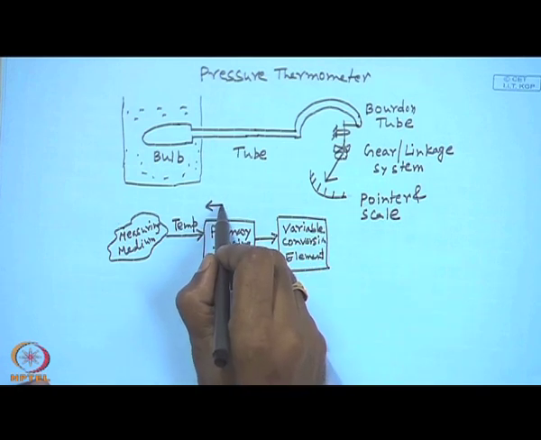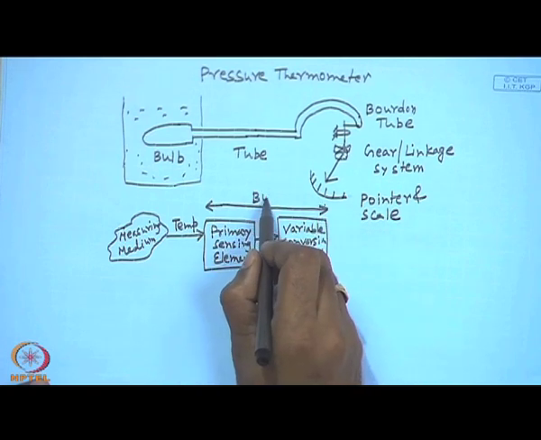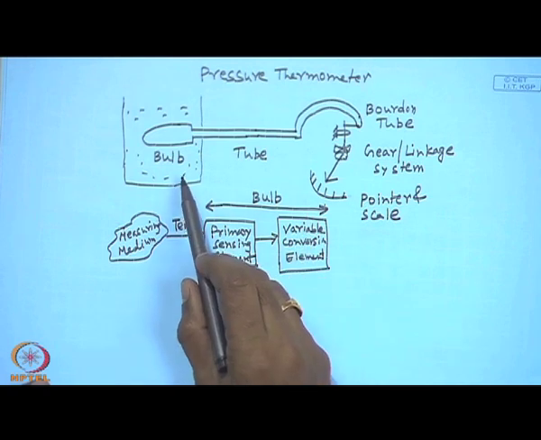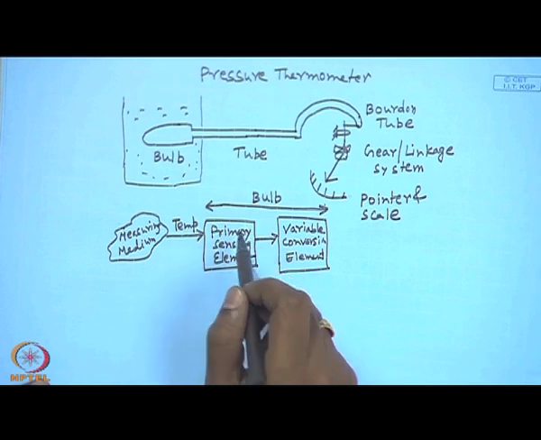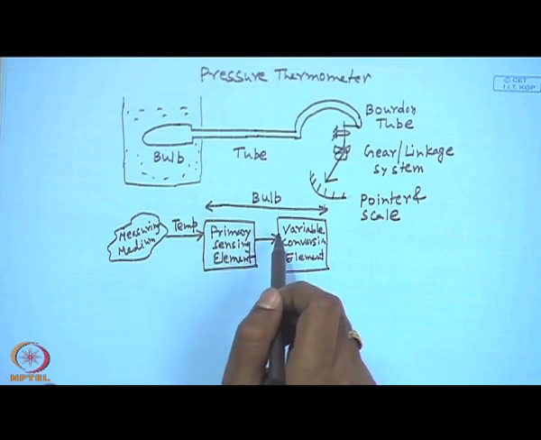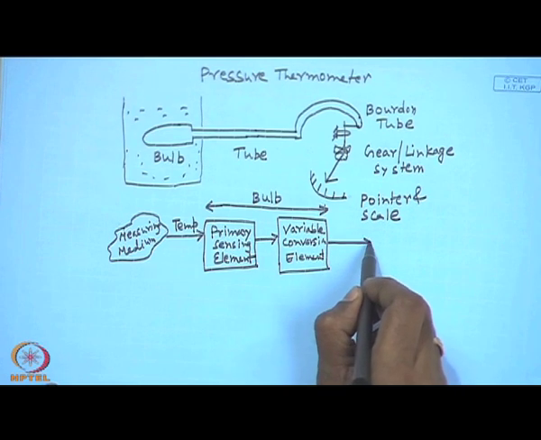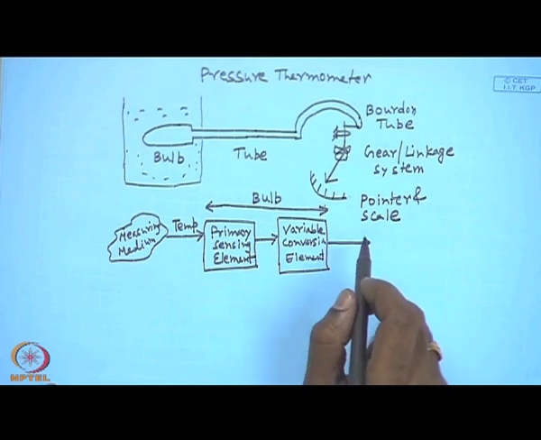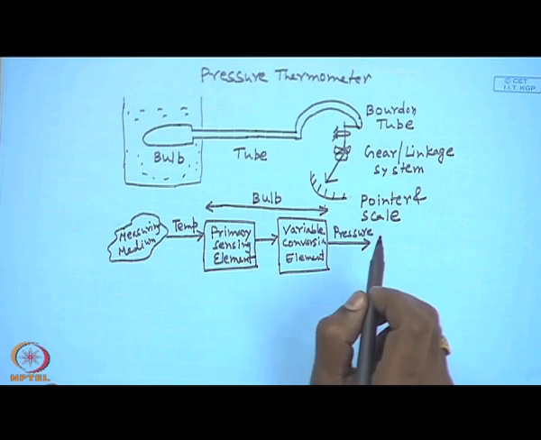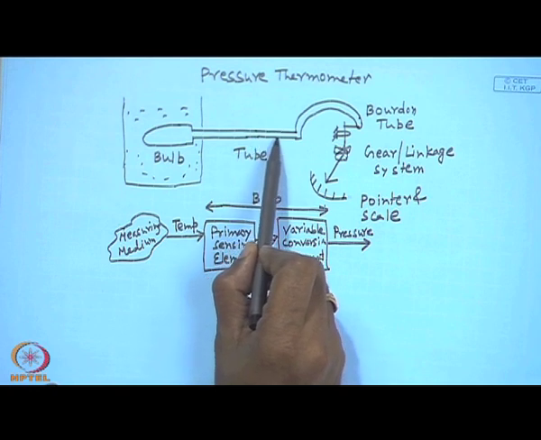And both the functions are performed by the bulb, because it is the bulb which first receives information from the measuring medium about the temperature, and due to restricted thermal expansion of the filling liquid, pressure gets developed inside the bulb. So, this signal is no more a temperature signal, but a pressure signal. Then this pressure is transmitted through this capillary tube.